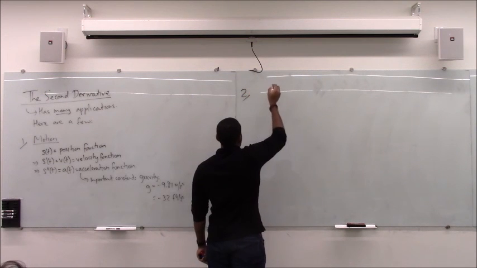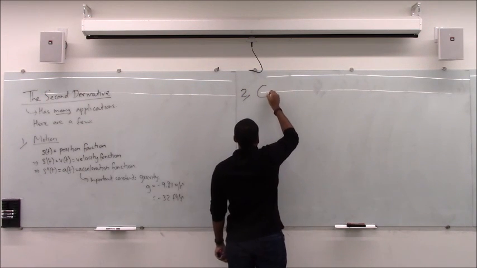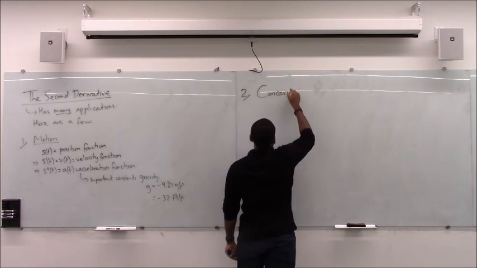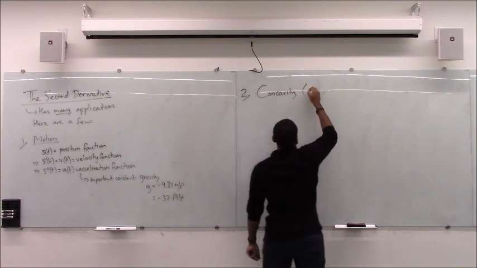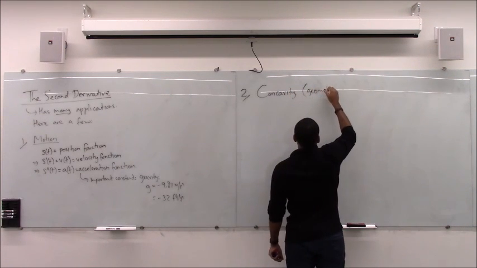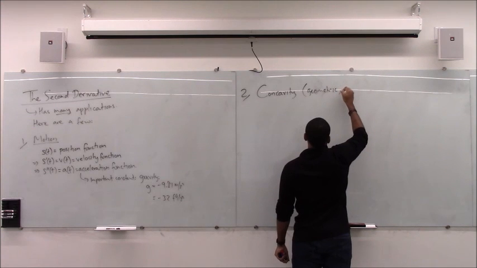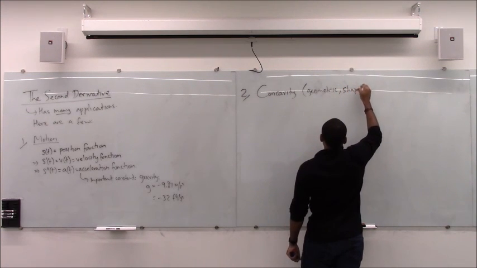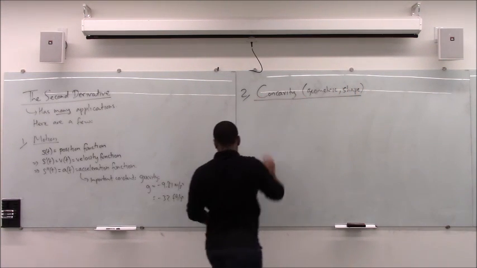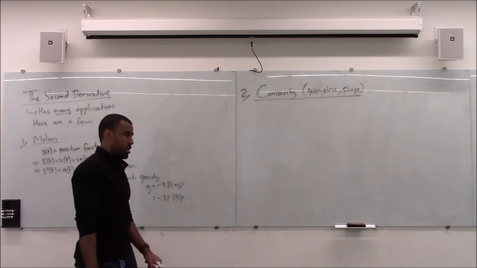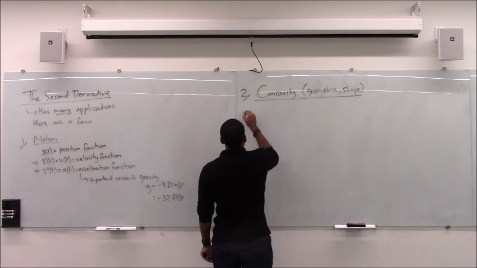A second thing that's very useful is concavity, something called concavity. Now this is a geometric term, and it refers to shape. What kind of shape? What do I mean? I'll describe to you the shape that we're talking about.